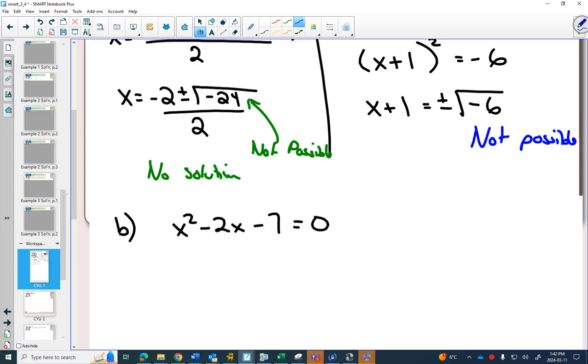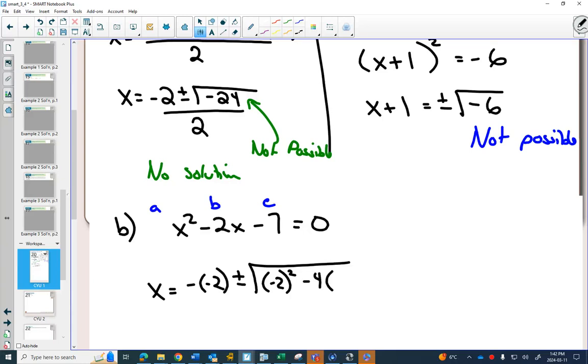So according to our formula, our A is 1, our B is minus 2, our C is minus 7. And so we would get negative, negative 2, plus or minus. When you square a negative, put it in brackets and square it, so your notation is good on your paper.